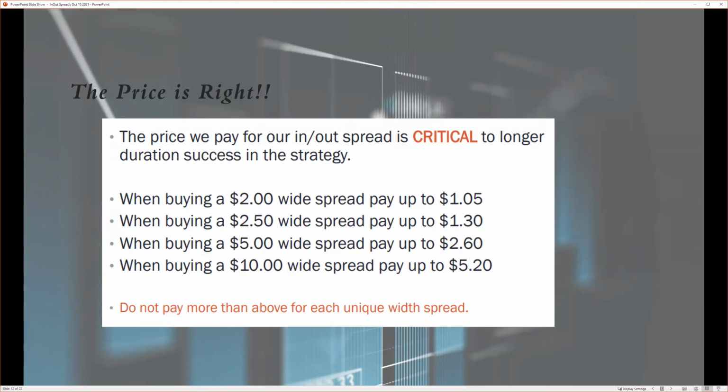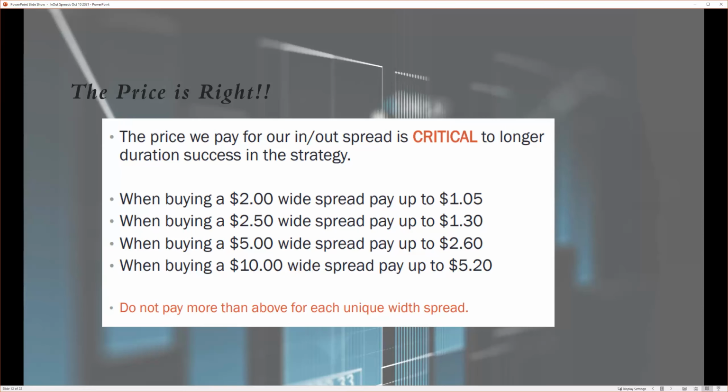The skew is favorable when you buy a call that has less volatility than the call that you're selling. In other words, what you want to do is buy cheap volatility and sell expensive volatility.